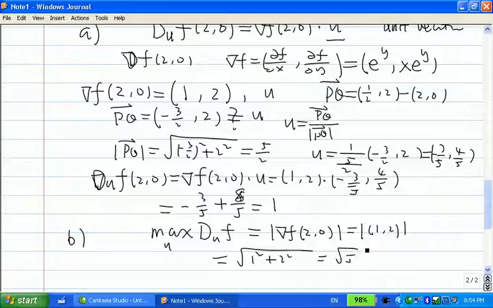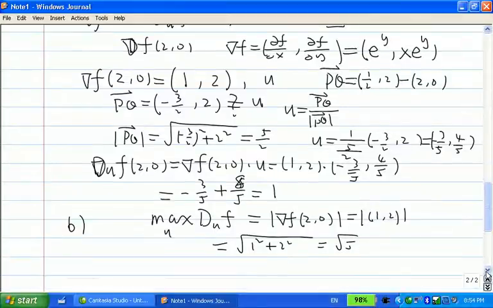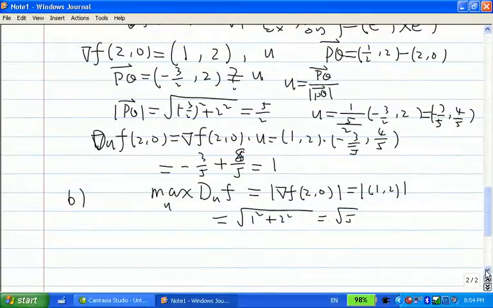So this square root of 5 gives you the maximum rate of change. Remember, the maximum rate of change happens in the direction of the gradient of f at (2, 0), which is (1, 2).